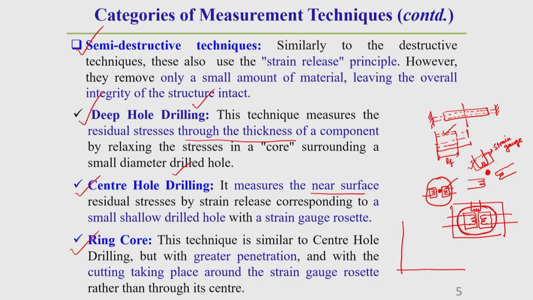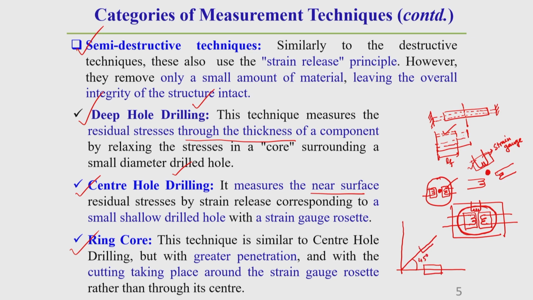Depending upon this orientation, we can categorize them, like the 45-degree strain gauge rosette and the 60-degree strain gauge rosette. How does the 45-degree rosette look? I am just showing a little bit. This is a system of strain gauges where one is on the horizontal axis and another is at 45 degrees to this horizontal axis.